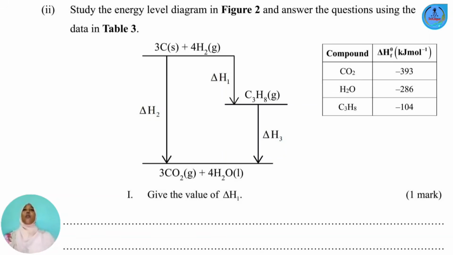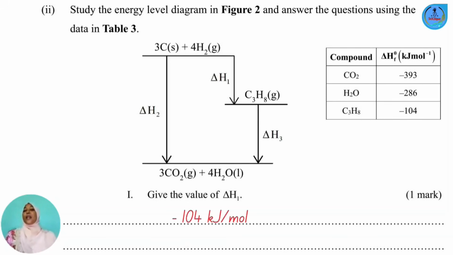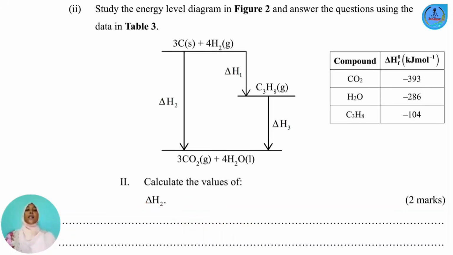It was just a matter of plucking it out from the table and transferring the information into the answer part. So anyways, we are looking for the enthalpy of formation of propane, and that is negative 104 kilojoules per mole. Let's proceed to the next part.